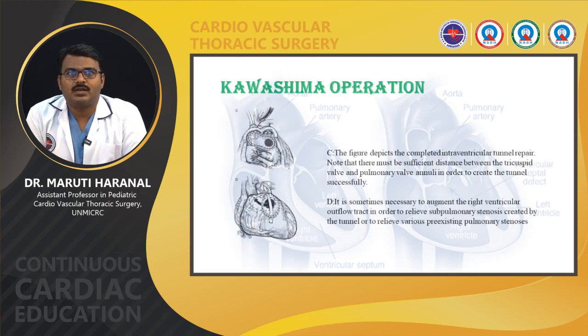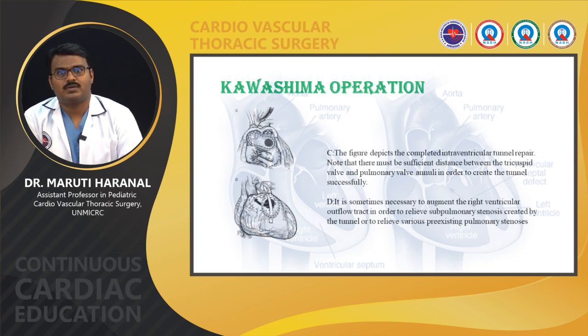Figure C shows the completed intraventricular tunnel repair, and you can also notice the distance between the tricuspid valve and the pulmonary valve is greater than the diameter of the aortic annulus. Sometimes it is necessary to augment the right ventricular outflow tract in order to relieve the subpulmonary stenosis created by the tunnel, or to relieve pre-existing pulmonary stenosis.